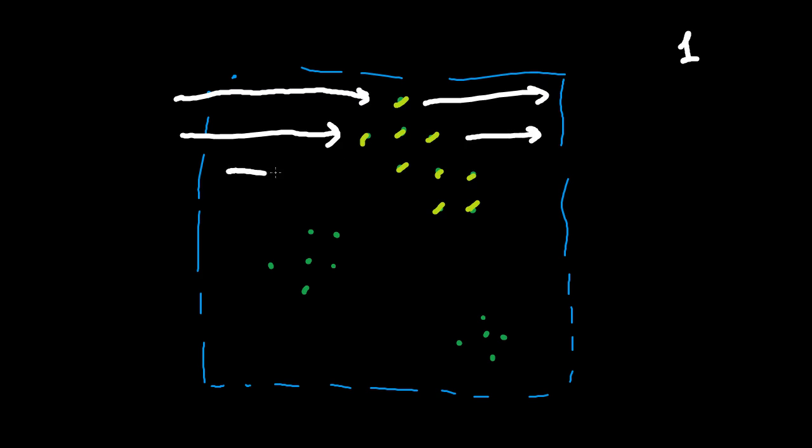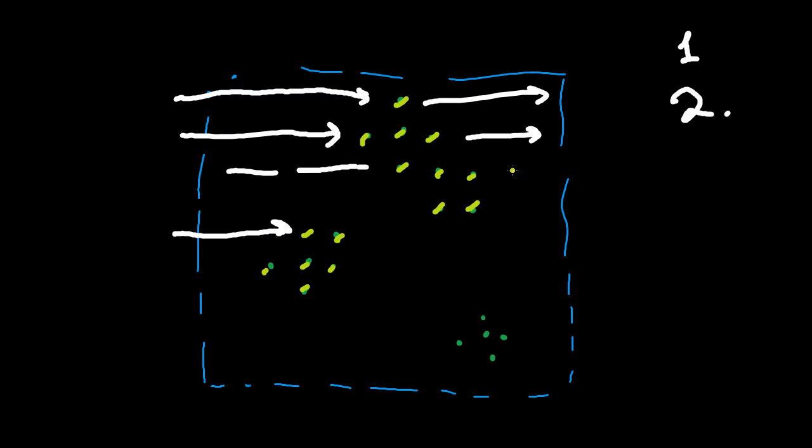You keep on going, and when you hit another piece of land that you haven't seen before, we can mark it as our second island. So now we're guaranteed that if we see land, it's part of a new island. Then we can do the same thing of clearing it out.